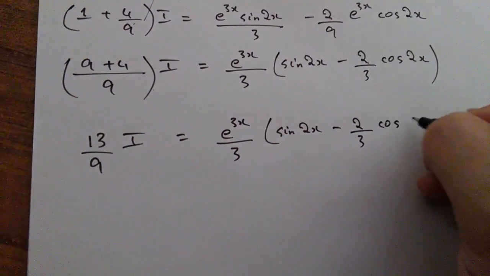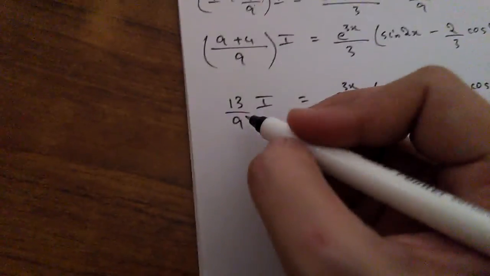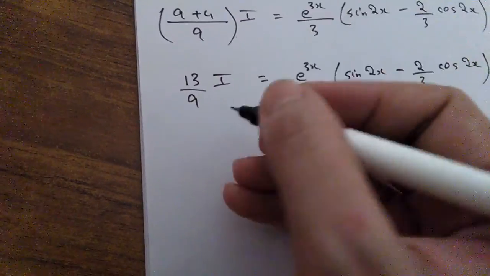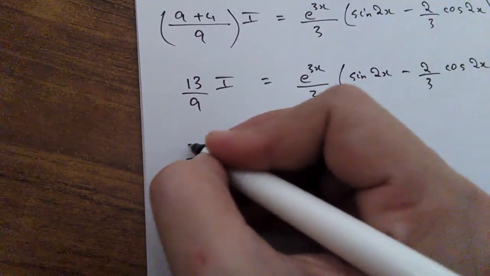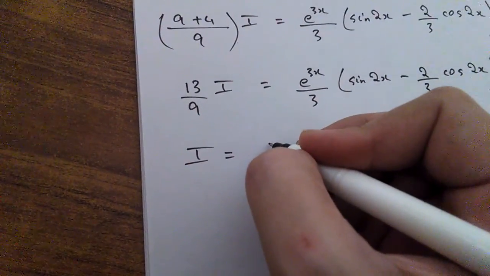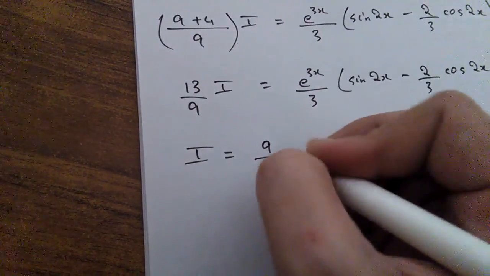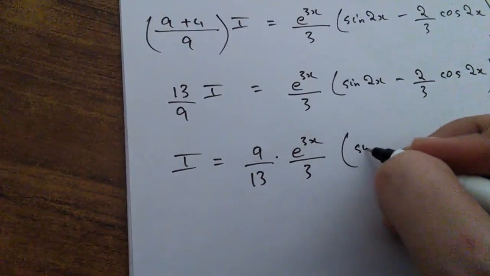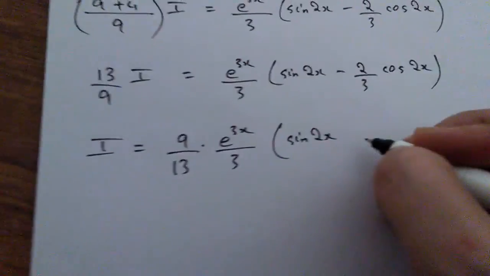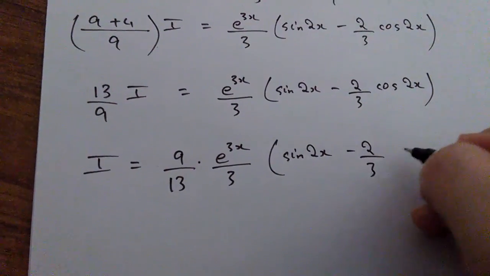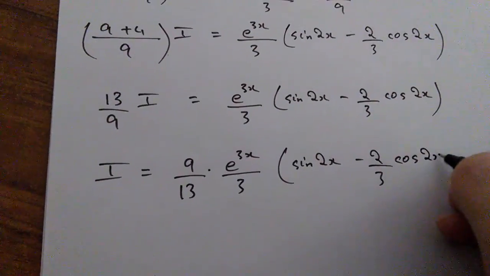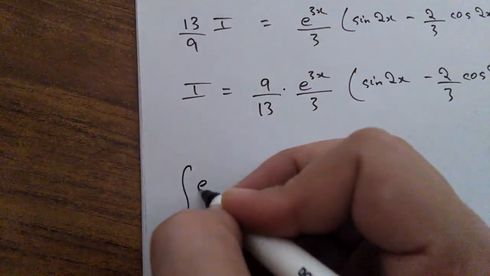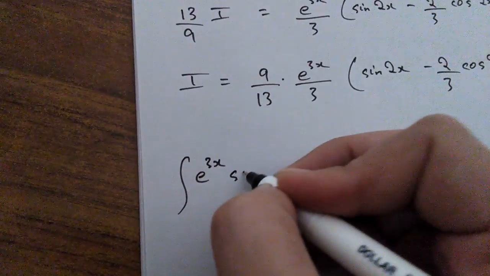This is going to be copied as it is. What I have to do, I'm going to shift this 13 by 9 on the other side of equality, so it will get inverted. Okay, the simple I is going to be 9 by 13 into e power 3x upon 3 times sine of 2x minus 2 by 3 cosine of 2x. All right, and you know that this I was your this.